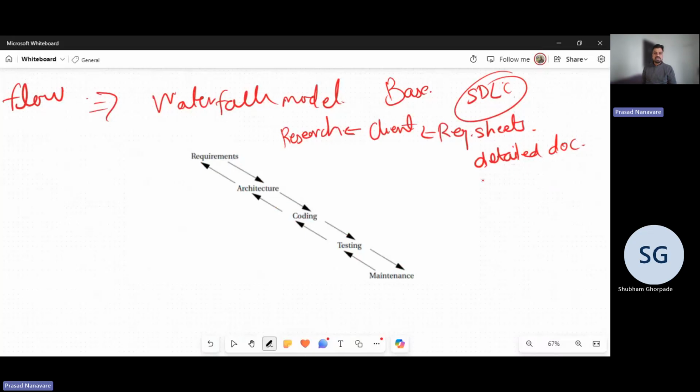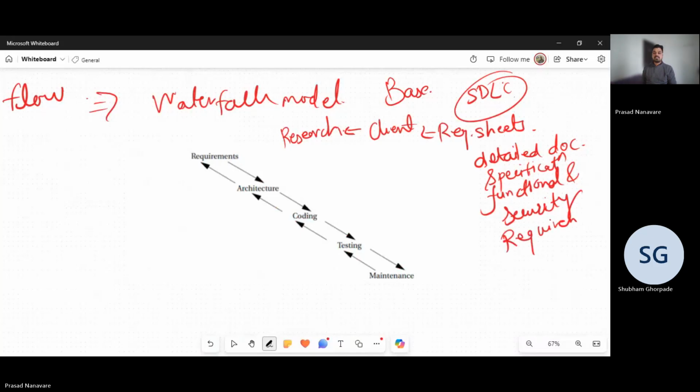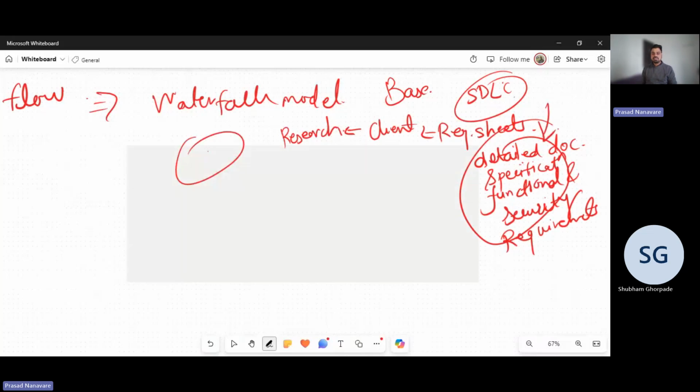It has the specifications, then functional and security requirements. All the details that you need to design the system are gathered over here.